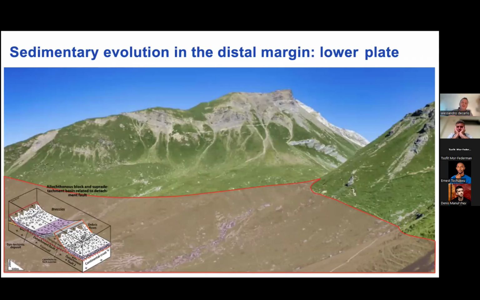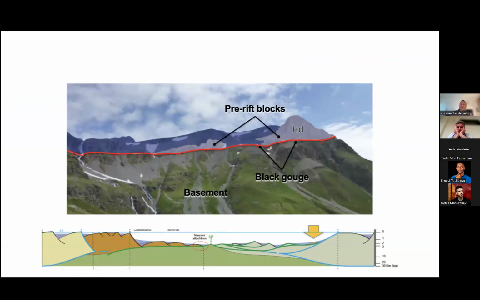And so in the Alps, in Switzerland, and in the Austroalpine domain, you have mountains which are completely allochthonous on top of the, let's say, former detachment system. Here is an amazing picture of these blocks, which remain on top of the basement during ongoing exhumation.